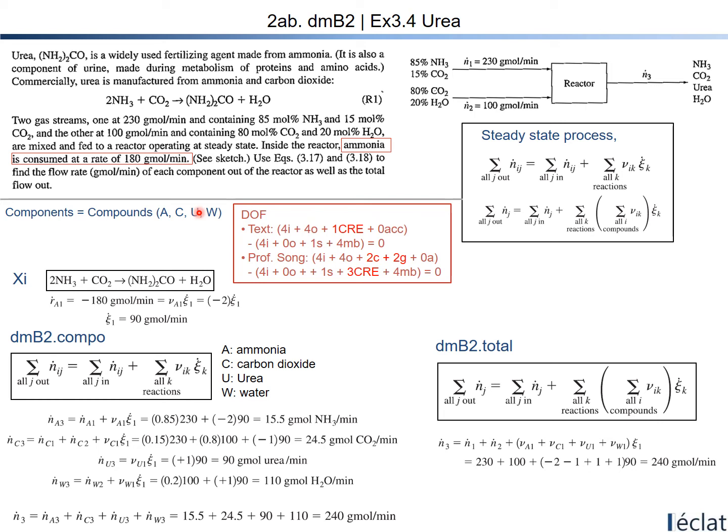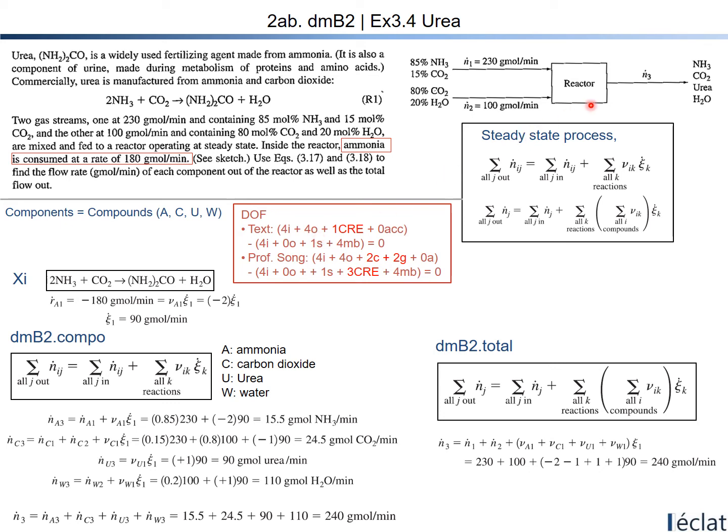Let me check the degrees of freedom before calculating the values. Using the textbook, we could calculate it, and also by my method, Professor Song's method, we could calculate it. Of course, the result should be the same. Let me start with the textbook method. This is the freedom, and this is the restrict. We have 4 input variables and 4 output variables, so totally 8 stream variables.